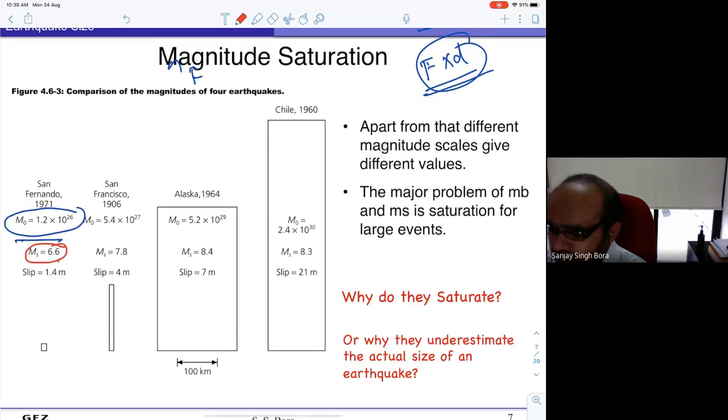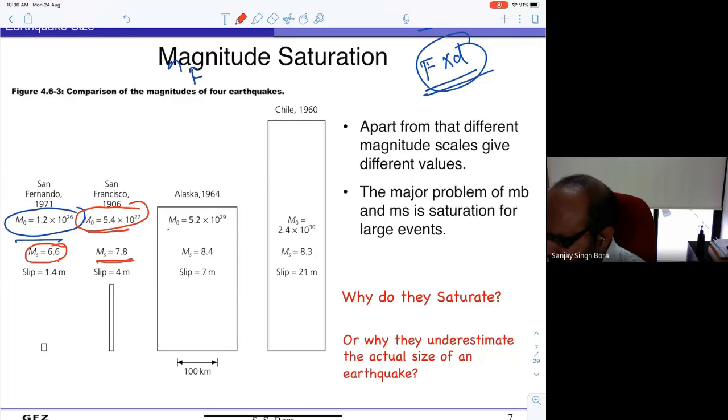The MS for this was 6.6. The San Francisco earthquake was bigger than that; M0, as you can see, differs by an order of 10. So 5.4 multiplied by 10 to the power 27. I think these are all in dyne centimeters. The surface wave magnitude MS was 7.8.